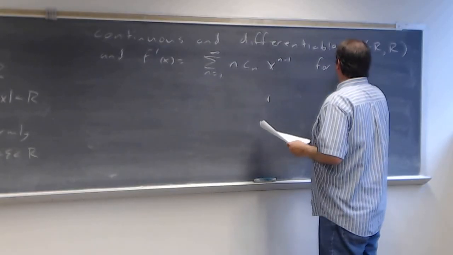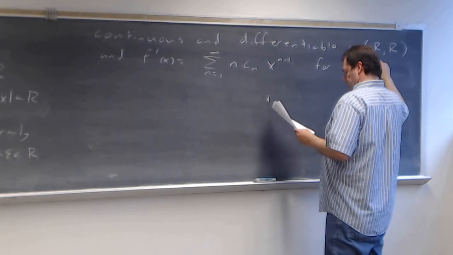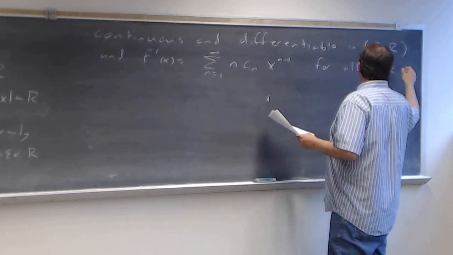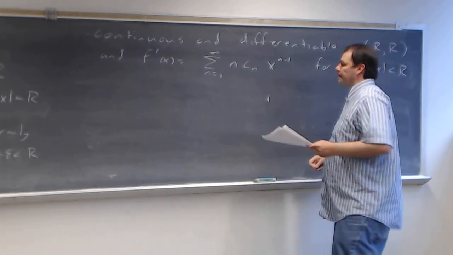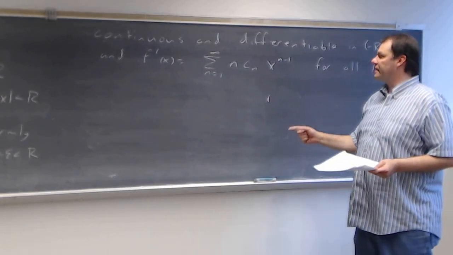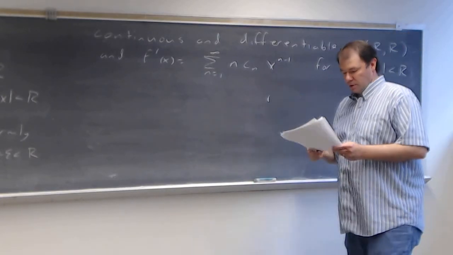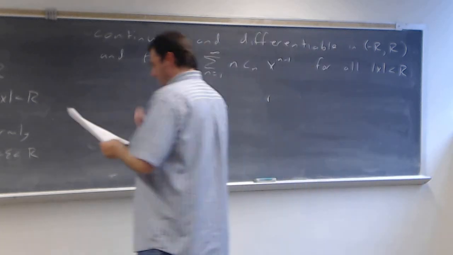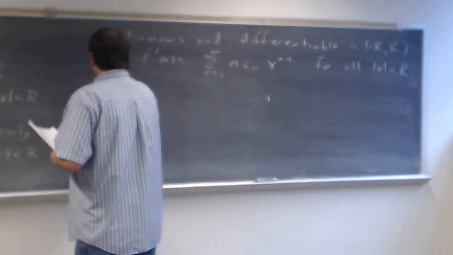And that's true for all x's with absolute value of x being less than r. And that's what we'd expect the derivative to be if we took the derivative term by term of the quantities that we're adding together to get f of x. Here's the proof.